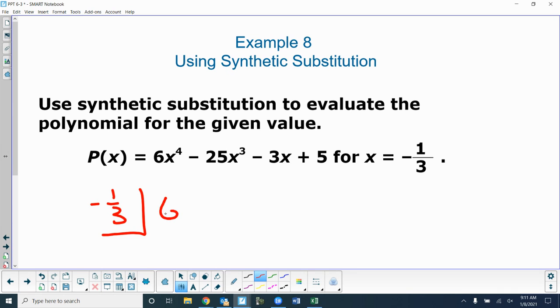I got an x to the 4th. I got an x to the 3rd. What's missing? X squared. So what goes here? 0. There you go. Then the x, -3, and then the 5. What if there wasn't a 5 here?